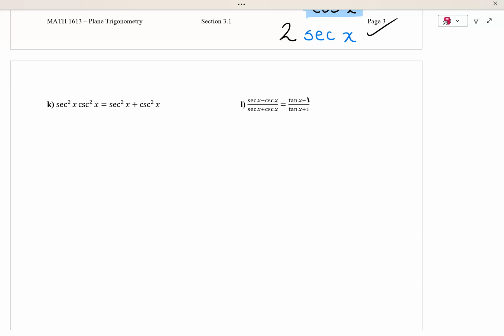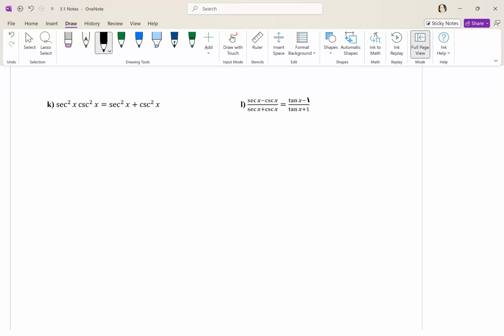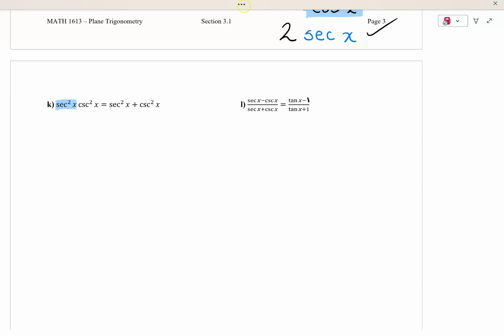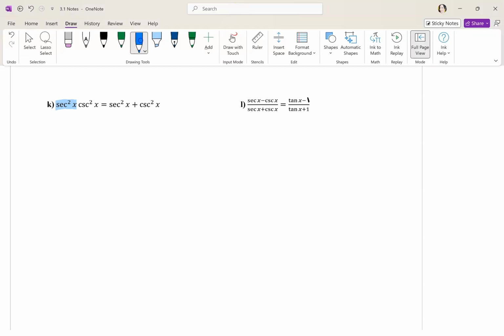So we got secant squared x times cosecant squared x equals secant squared x plus cosecant squared x. Let's try to do the left-hand side. And I think I'm only going to try to change one first. So let's change secant squared.